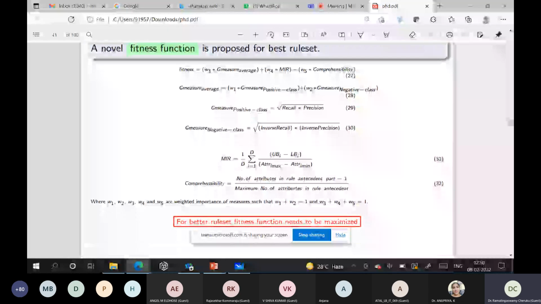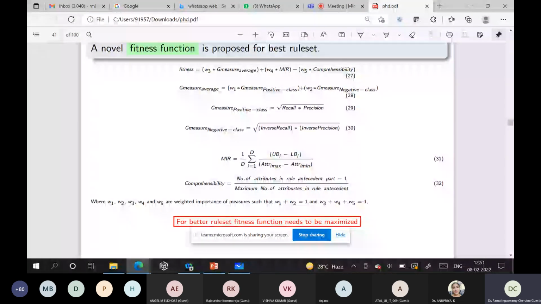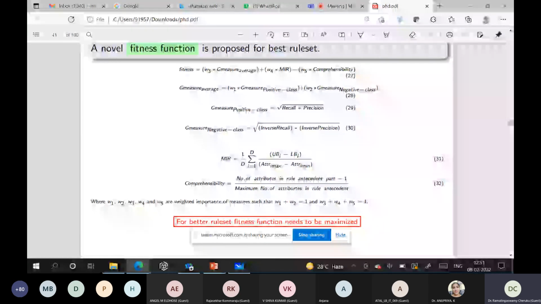Then depending on the performance of our choice, whether I am interested in creating more compact rules, I have to give more weight to W5, and if I want to create higher-performing rules, I have to give more weight to the corresponding W. This is based on a greedy approach. We have selected the weights for W1, W2, and the others I mentioned here, because when we are doing multi-objective optimization, we have to give certain weightage to each and every metric.